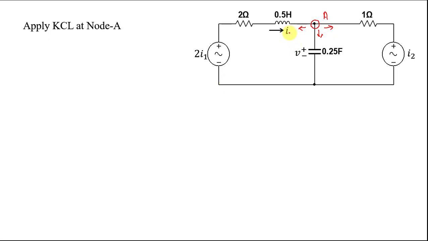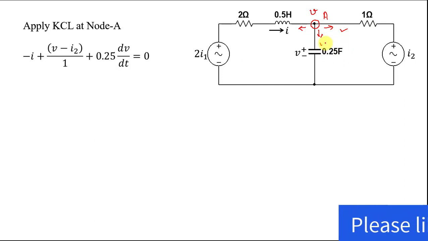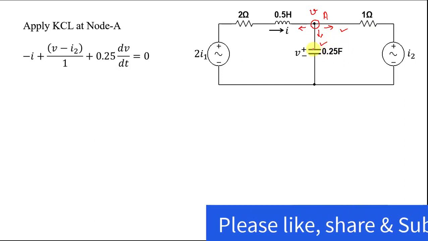Here the current is minus I, here the current is 0.25 dV/dt, and here the current is this voltage V minus this voltage, divided by the 1 ohm resistance. So minus I plus this current and plus this current equals 0.